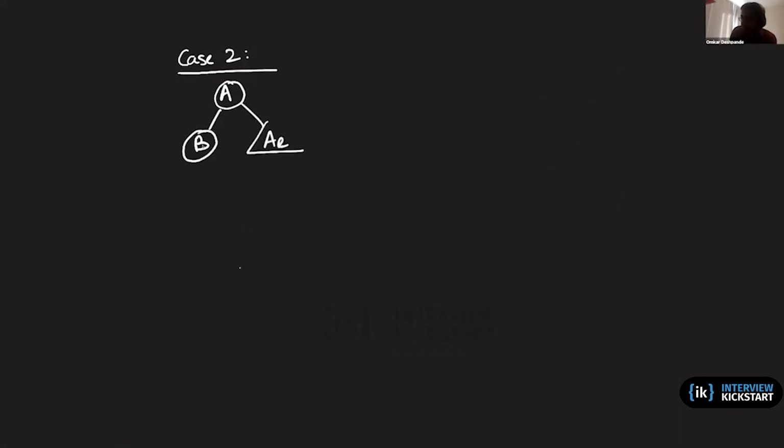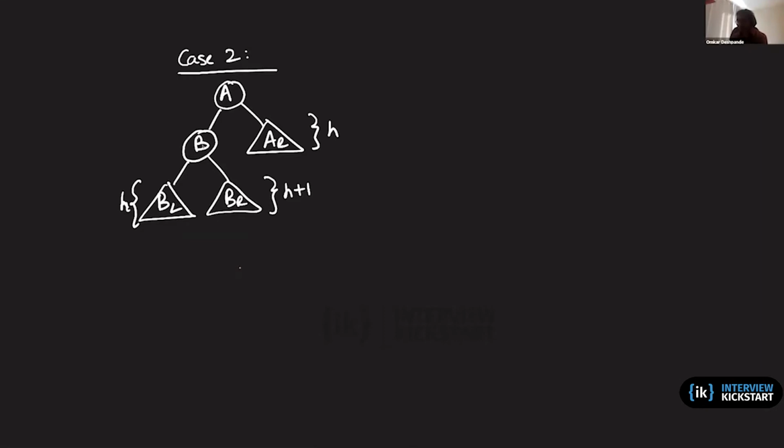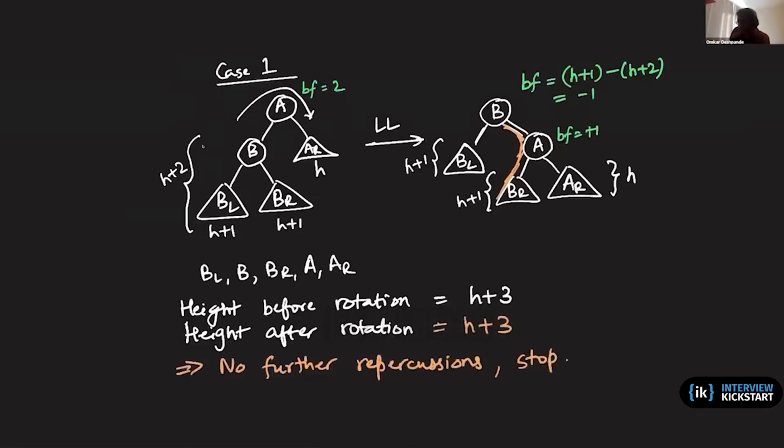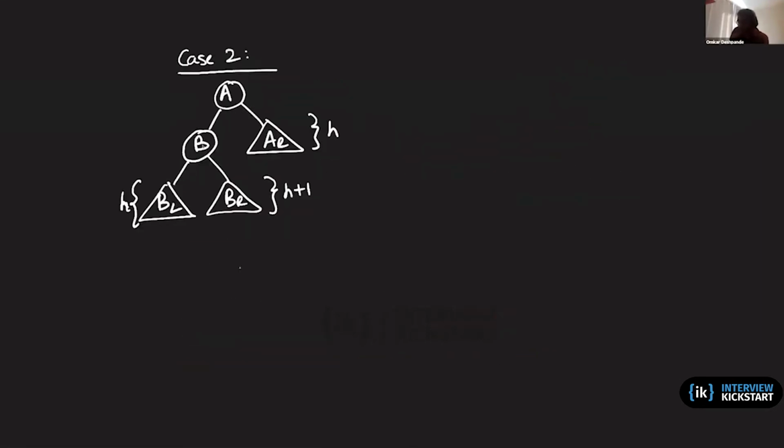A sub R has a height of H, and between B sub L and B sub R, this time it is B sub R that is slightly taller than B sub L. They are not equal this time. Case 1 was when they were equal. Now they are not equal.